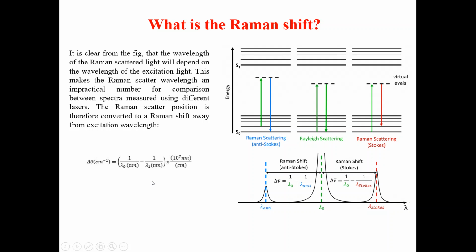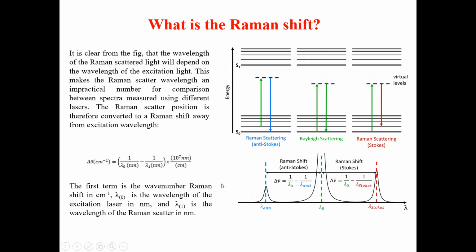So here this is the relation for Raman wave number. You can clearly observe how the wavelength of the incident laser beam and that of the scattered laser beam are linked with the final wave number.